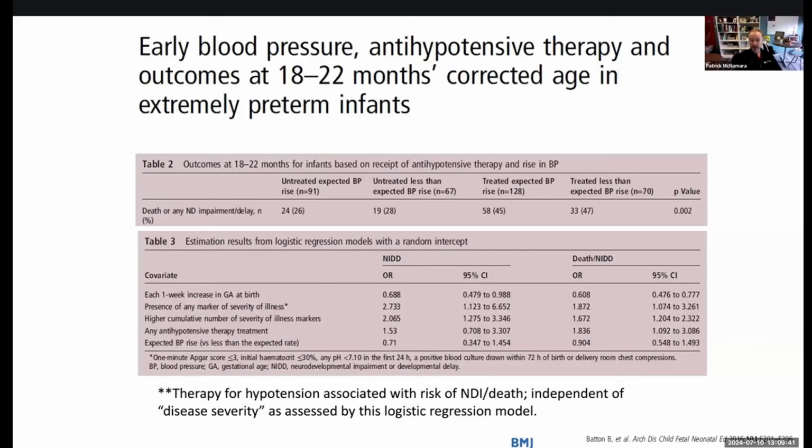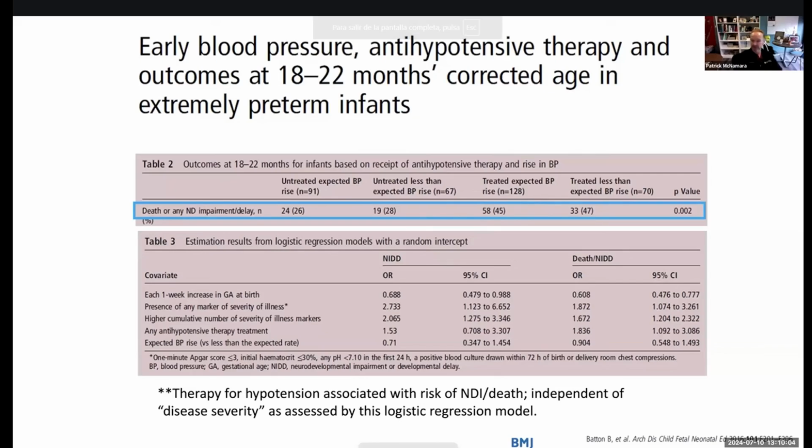So it's no big surprise that when we look at our ground zero, it's not very good. We have studies like this from Beaubaton, which suggest that even if you treat low blood pressure, the babies don't do any better and may actually do worse. And that has caused a paradigm shift in some centers where many individuals will never treat blood pressure.